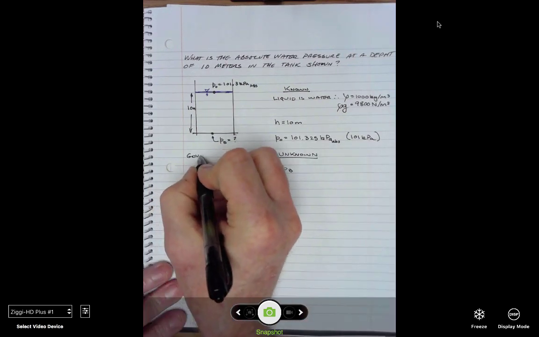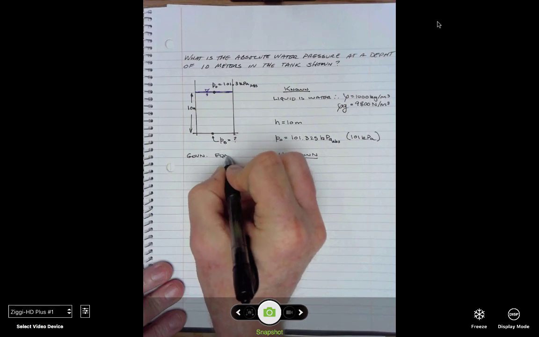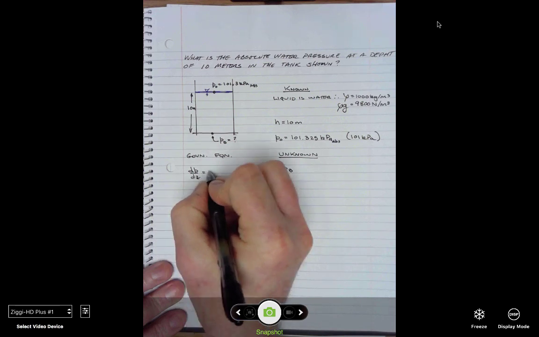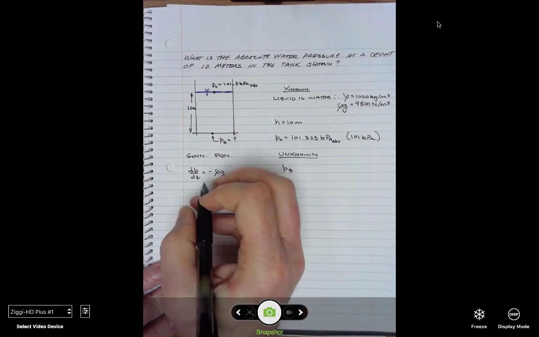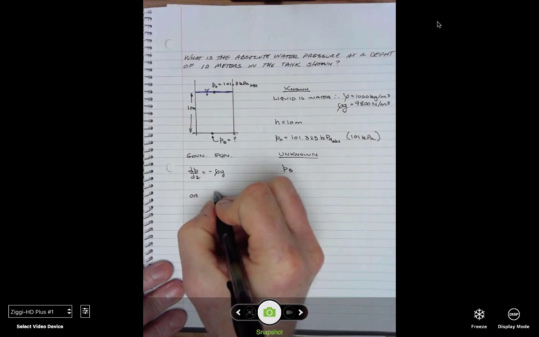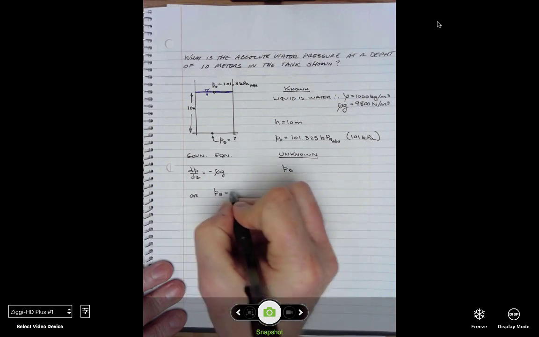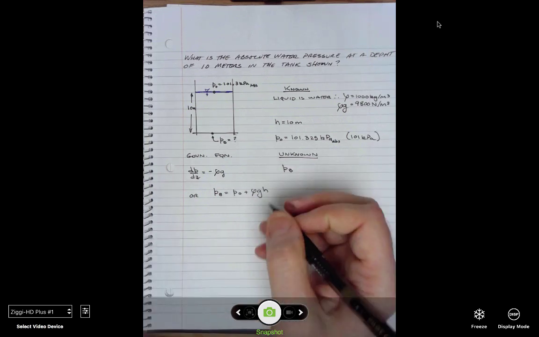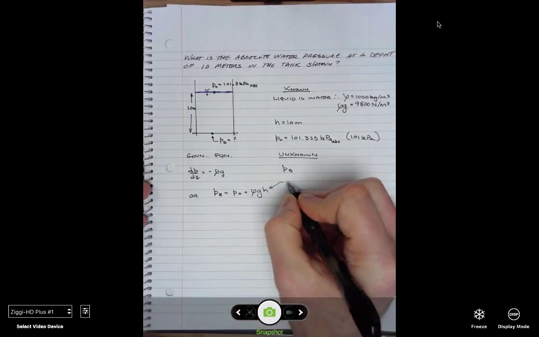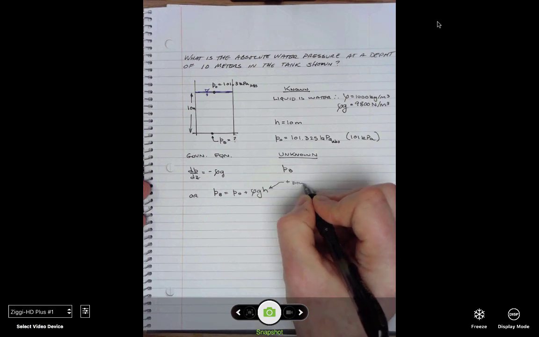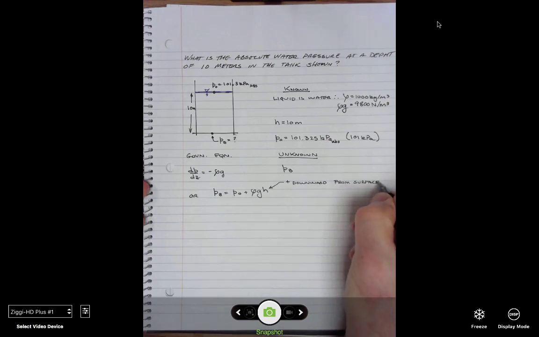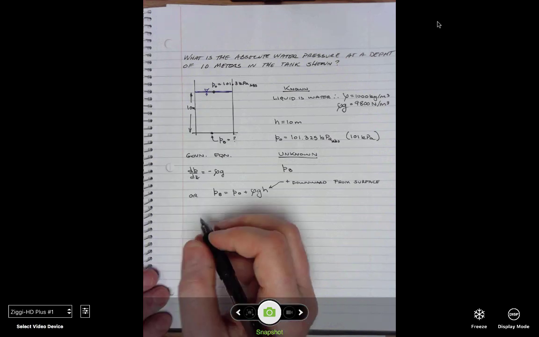Governing equations, well, it's dP dz equals minus rho g, or PB equals P0 plus rho g h, where h is positive downward from the surface. And so we'll use that approach.